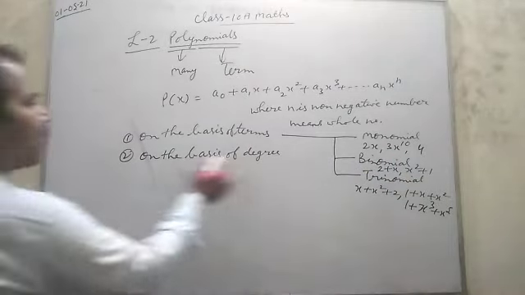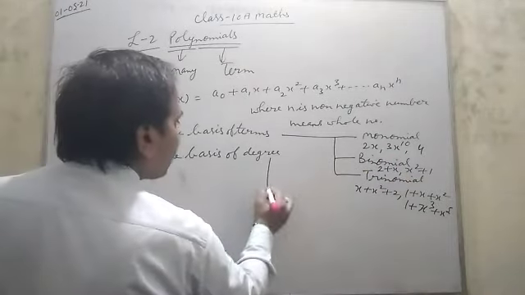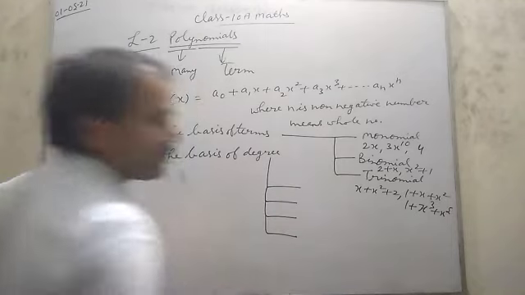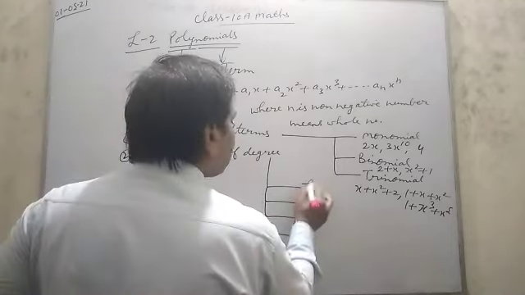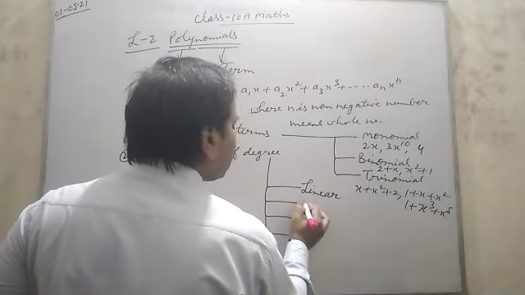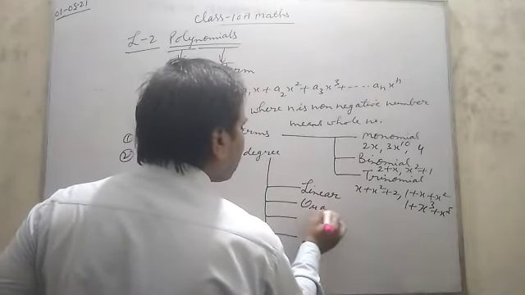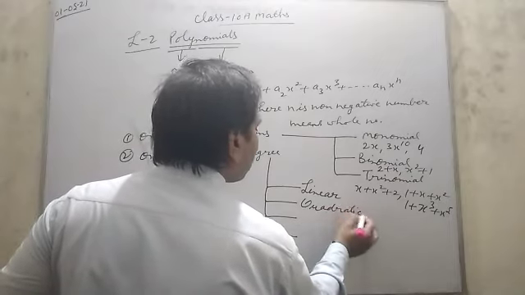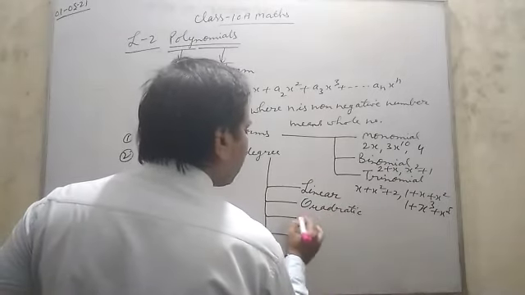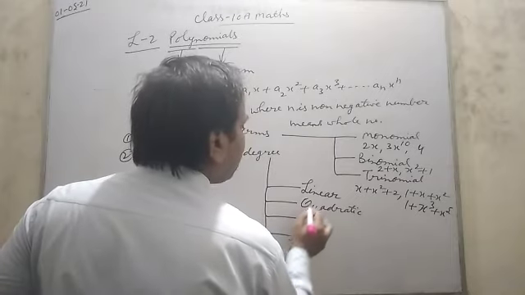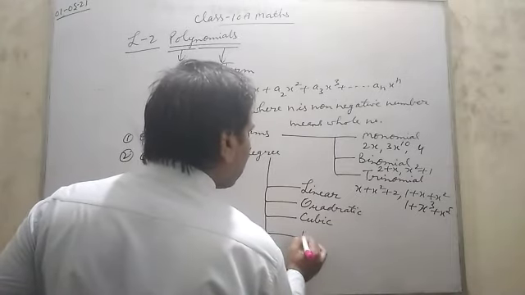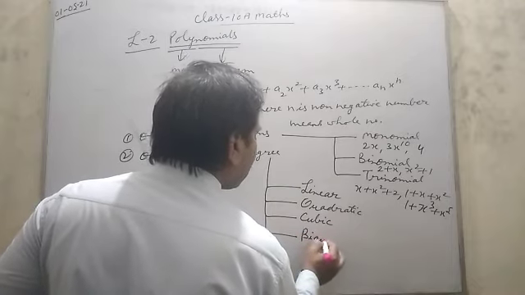And the second one, on the basis of degree. On the basis of degree also there are four types: first, linear; second, quadratic; third, cubic; and last one, biquadratic.